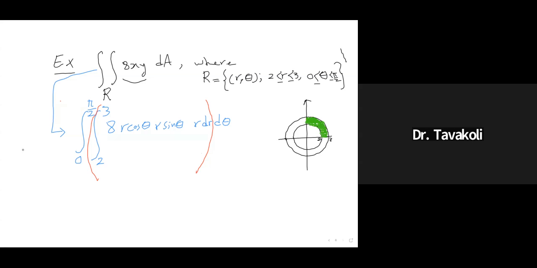For this integral, I can pull out the constants. With respect to r, 8 is a constant, cosine theta is a constant, and sine theta is a constant. So let me continue on the next page.